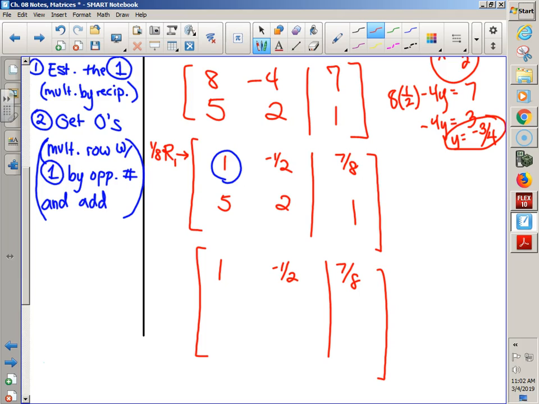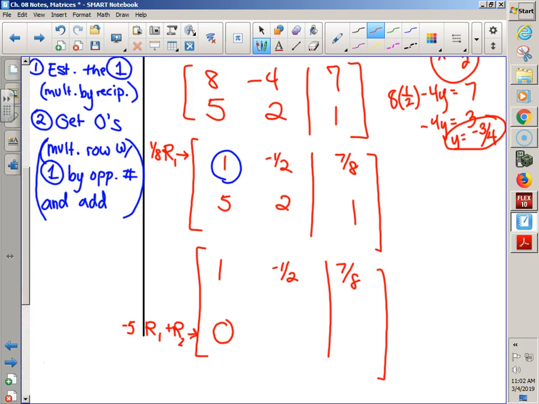Multiply the row with the 1, which is row 1, times the opposite number, times negative 5, and add. Add to what? The row I'm trying to get to. So if I do negative 5 times R1 plus R2, yeah, because check it. Negative 5 times 1 plus 5 is 0.